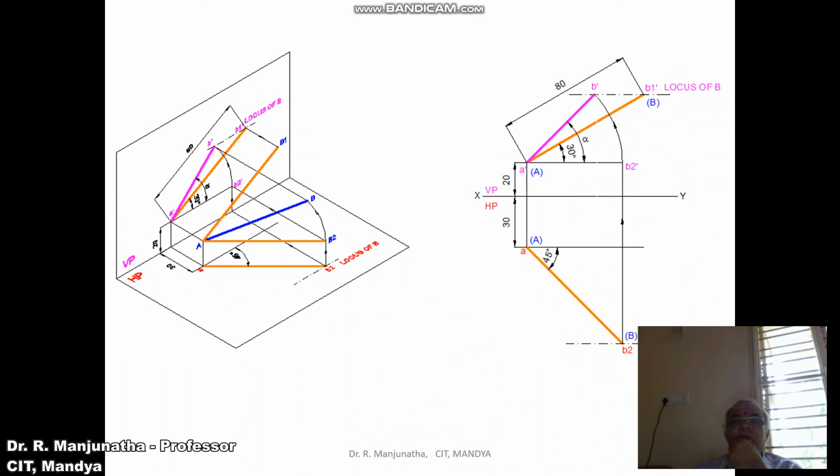Mark this point as B dash, then join A dash B dash with a dark line and measure the angle. This is the apparent inclination with respect to HP, which is alpha. So this is how you will be able to find the solution.